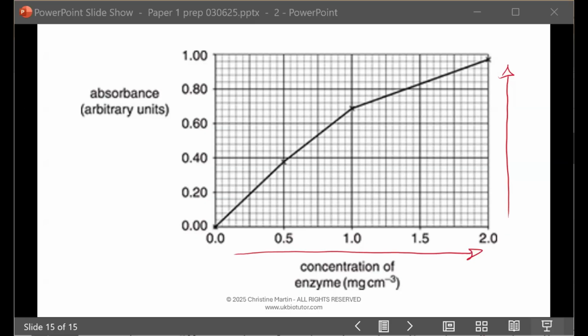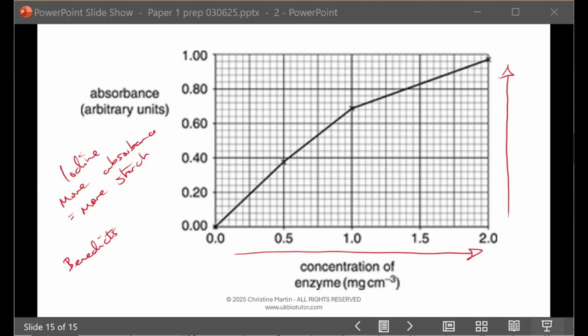If it was the iodine test we were looking at, if there is more absorbance, there would be more starch present. Less absorbance, less starch. If we were looking at Benedict's, we would say that the starch has been hydrolyzed down into the glucose.